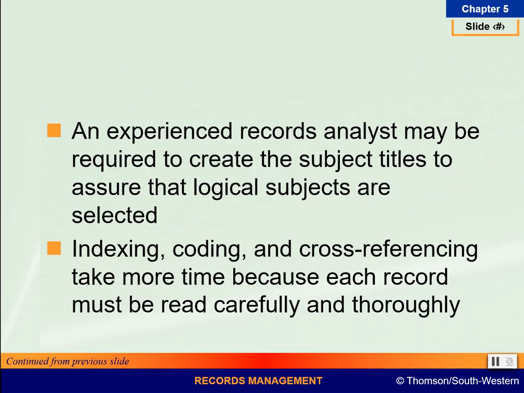Indexing, coding, and cross-referencing take more time because each record must be read carefully and thoroughly. You have learned about indexing as well as cross-referencing in topic 4. That's it for chapter 5.3. Thank you.